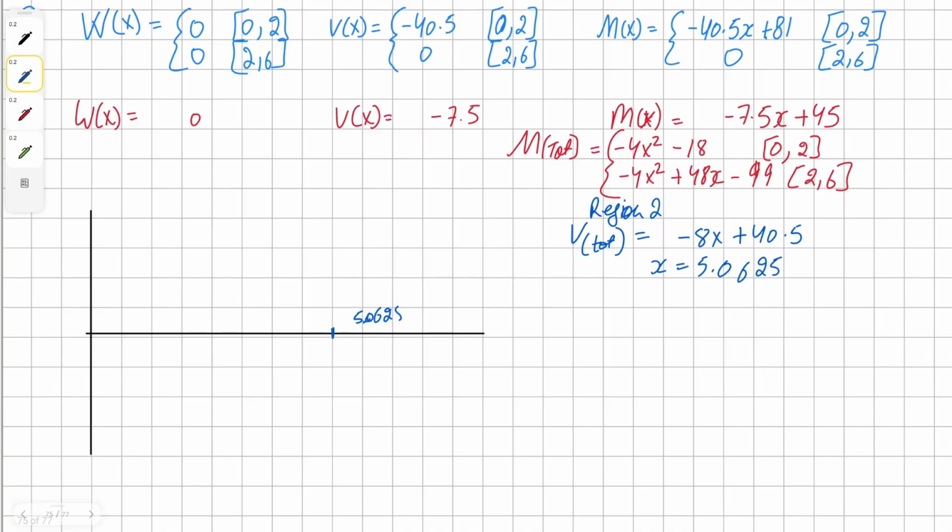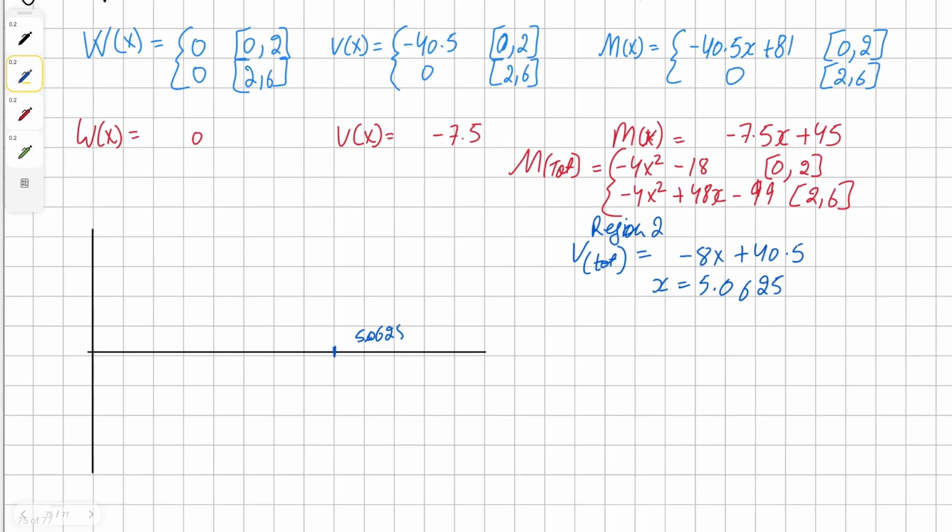Okay, so now to start, we're going to begin with our moment. So we're going to begin with negative 18. And then at 2, we're going to have negative 4 times 4, take away 18, which gives us negative 34 at a mark of 2.